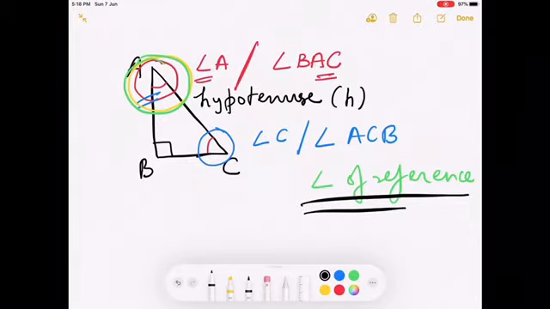In a particular question, if I am talking about angle A, then it is the angle of reference.